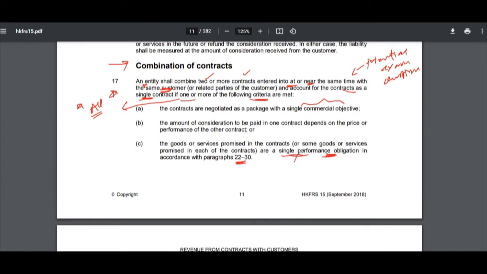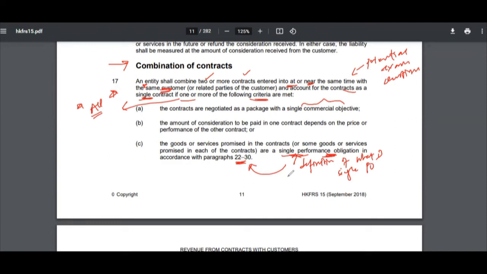So you have to look at the definition of what a single performance obligation is. The purpose of this video is only to talk about the first step, so I'm not going to get into how to define a single performance obligation, but you can refer to paragraphs 22 and 30 to understand what it means.